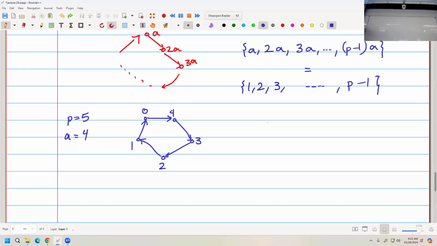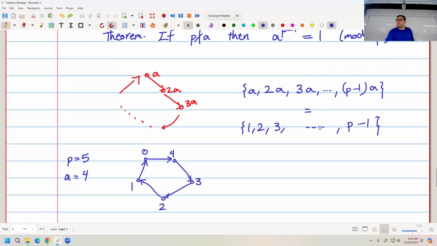You can add 0 to both sets, or you can not have it. Anyway, I'm going to get all the remainders modulo P, but I'm going to get them in some other order. But who cares? As a set, these two sets are the same. And again, all of our calculations are modulo P. So when I say two numbers are the same, I just mean that they're congruent modulo P.